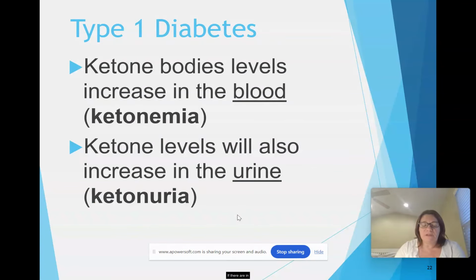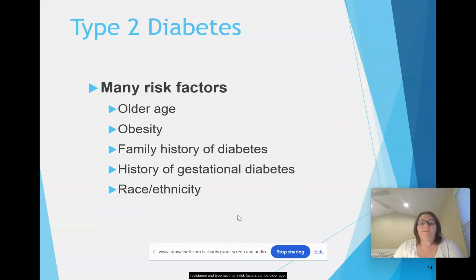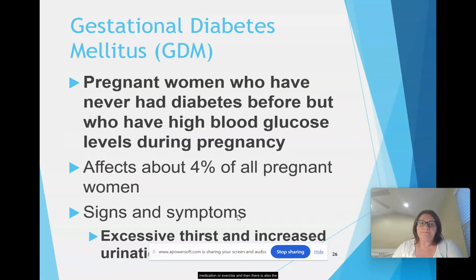If there are ketones in the urine, it's ketonuria. Type 2 is a chronic condition, with insulin resistance, and the main risk factors can be older age, obesity, family history, and race and ethnicity. There are no symptoms. Treatment is just diet, medication, or exercise.